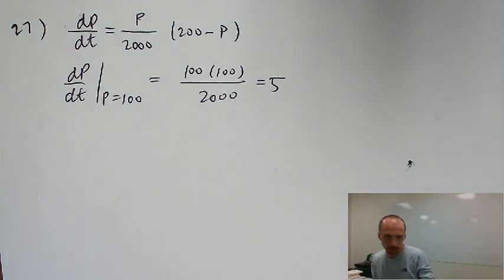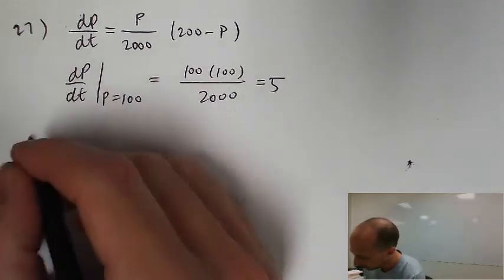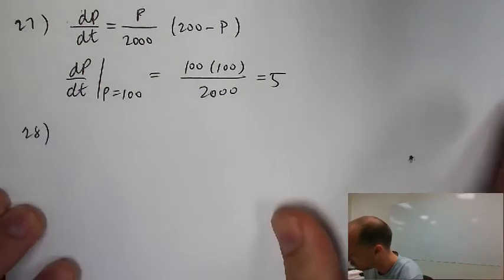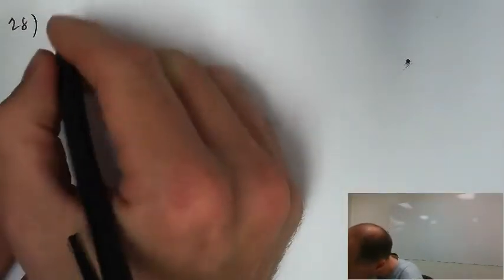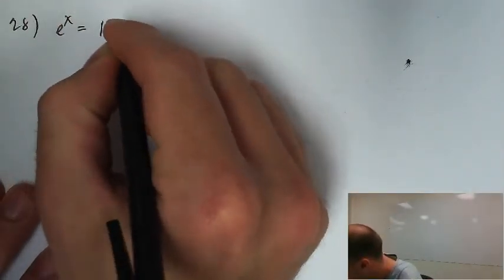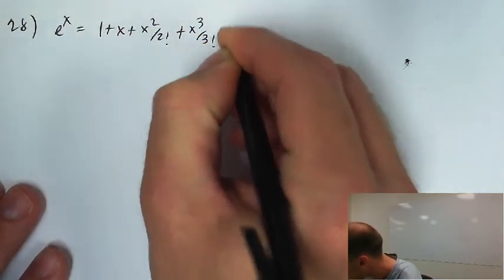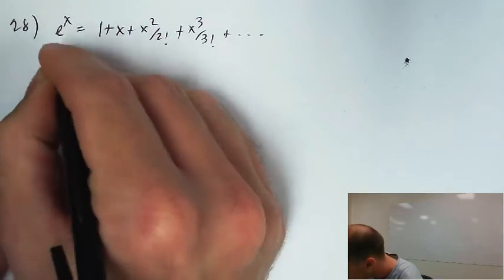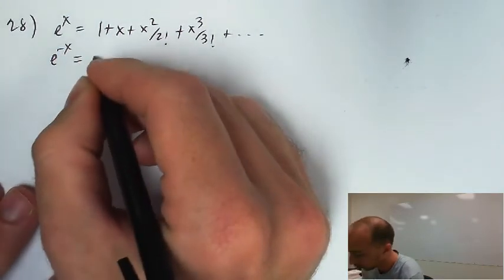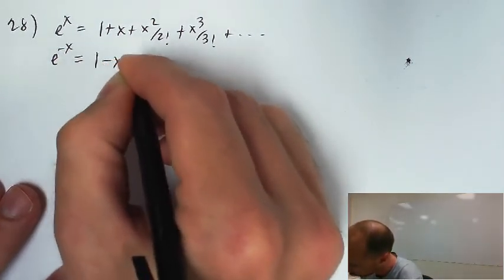Which of the following is a power series expansion of e to the x plus e to the negative x, divided by 2? All right, that's going to be kind of tedious, but I think I can show you in a way that will make sense. e to the x is the easy one. It's 1 plus x plus x squared over 2 factorial plus x to the 3 over 3 factorial, and so on. e to the negative x is equal to, well, I'm just going to replace x with negative x.